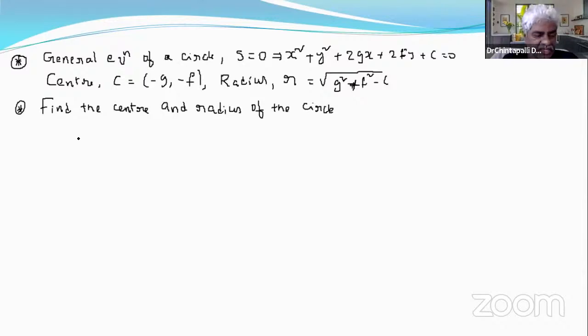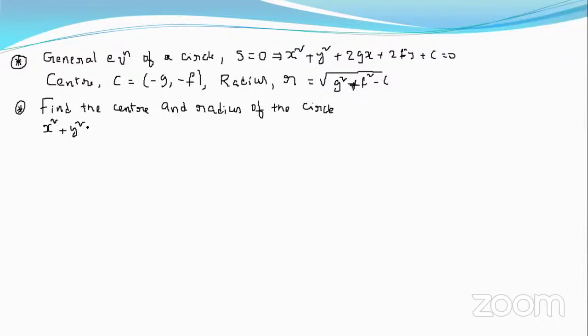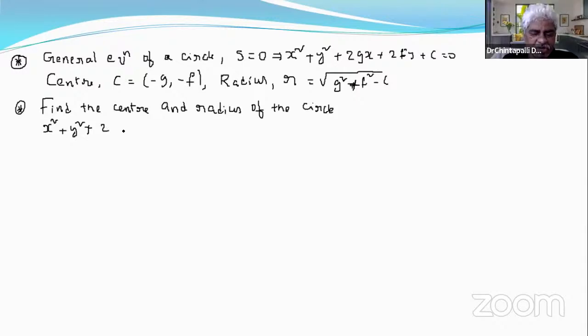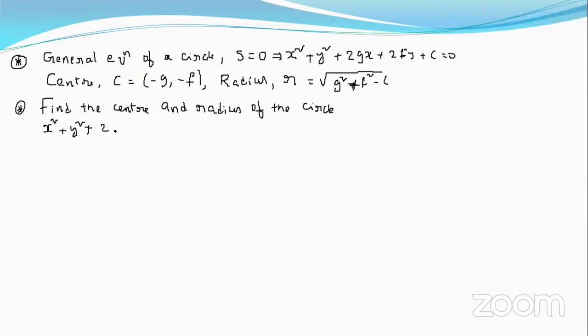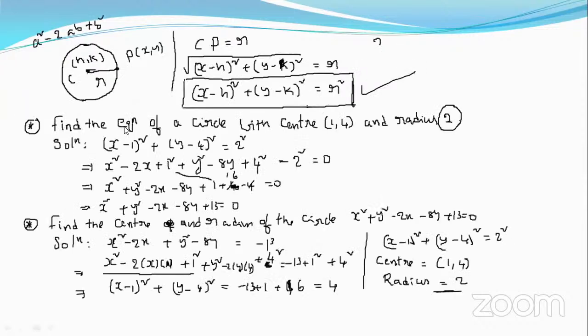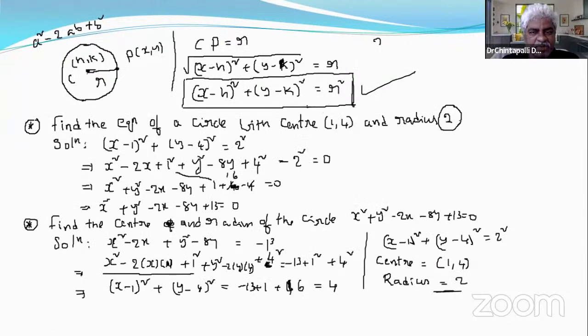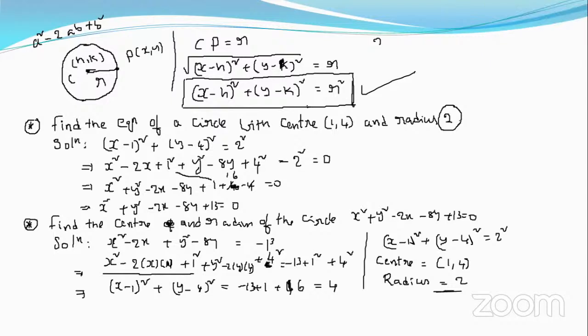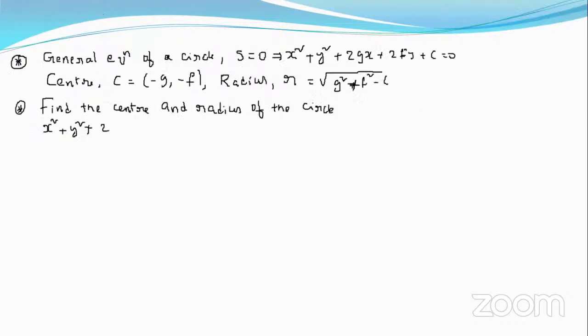x square plus y square minus 2x minus 8y plus 13. We are solving the same question in a different way.